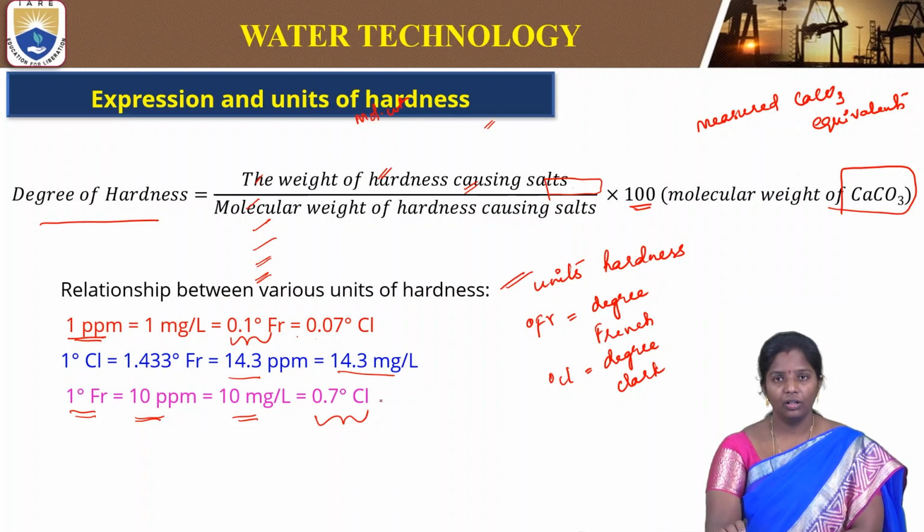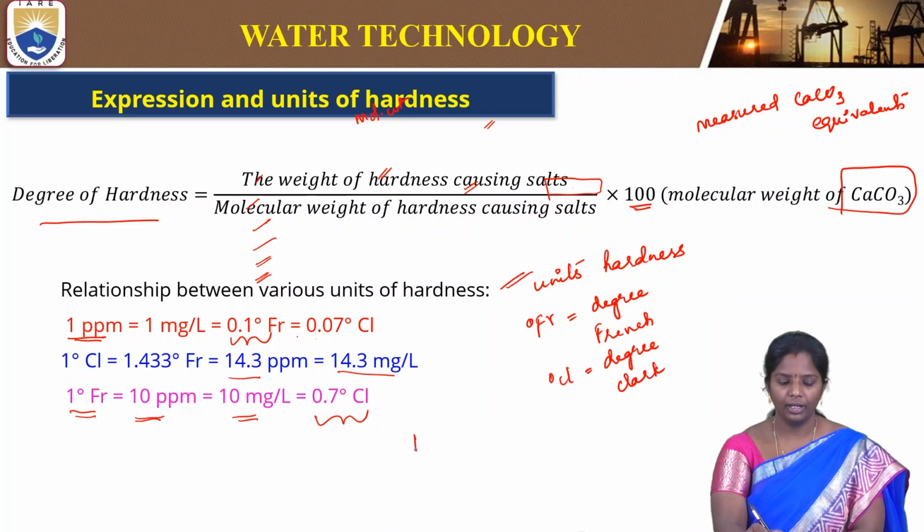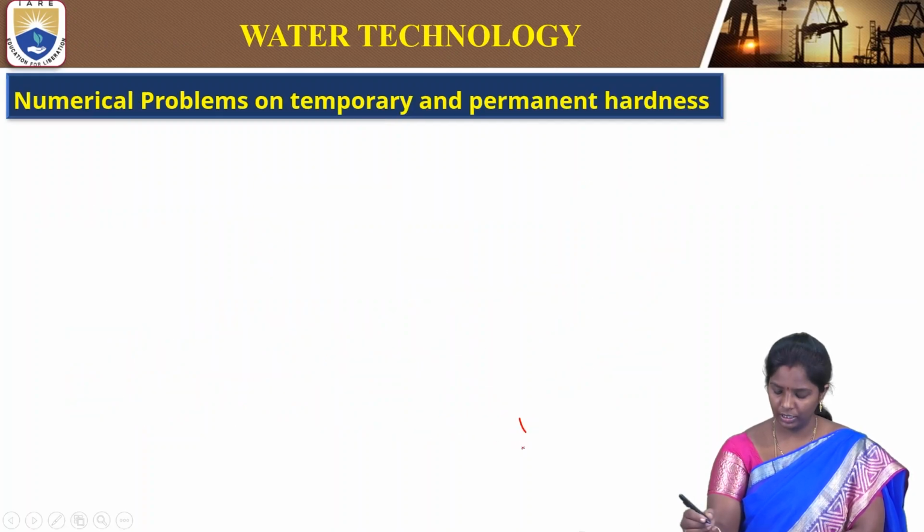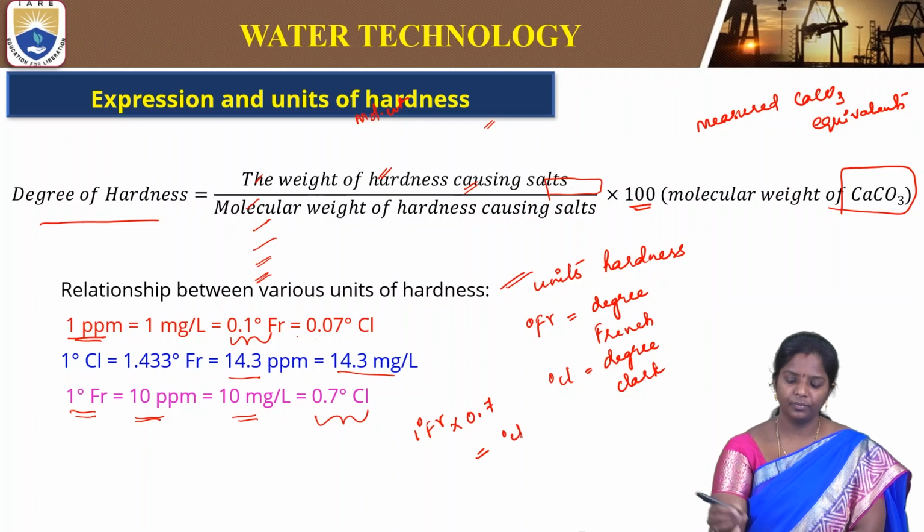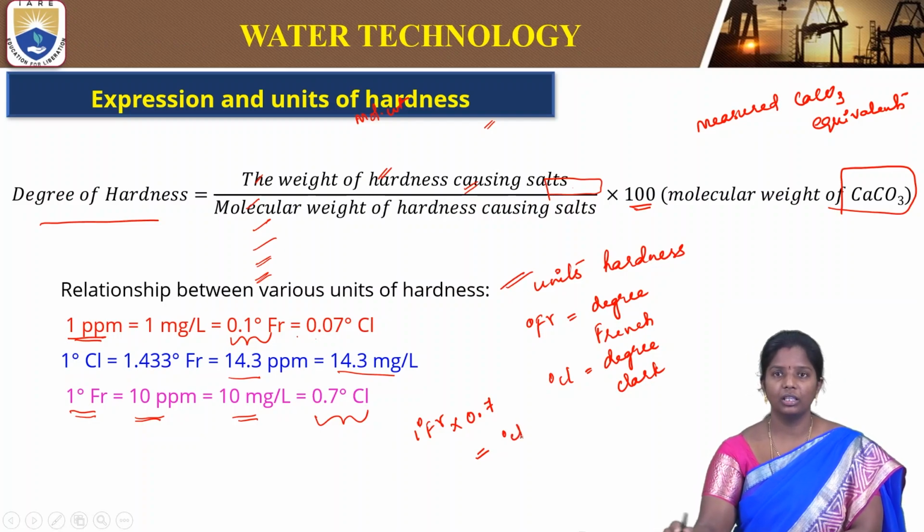So if we want to convert 1 degree French, it is multiplied with 0.7 to get degree Clark. So this is how we will be using the conversion factors to get our desired units.